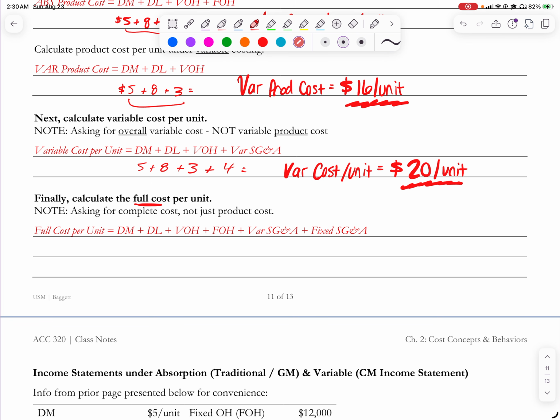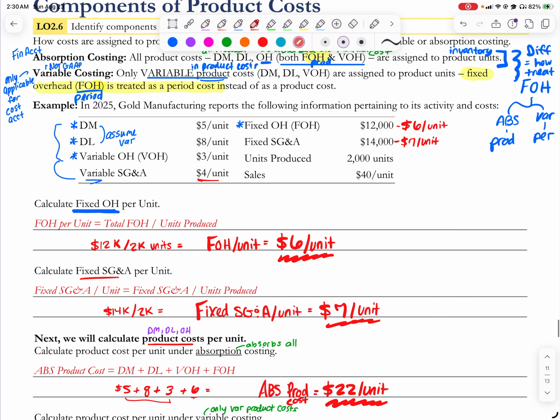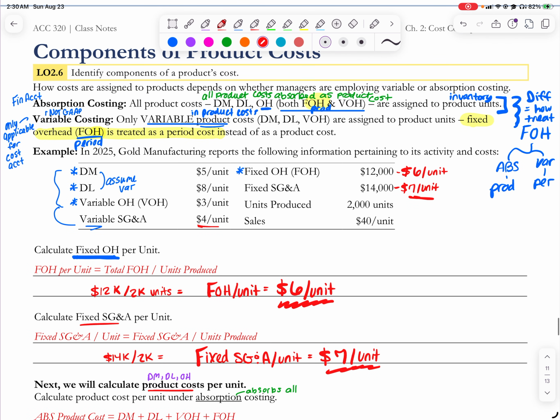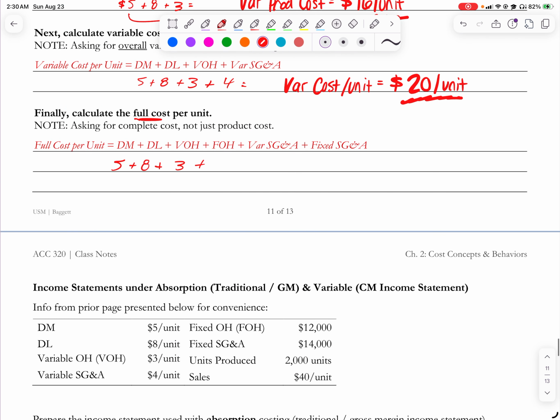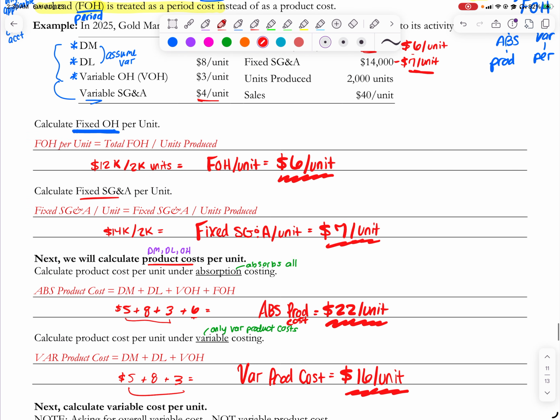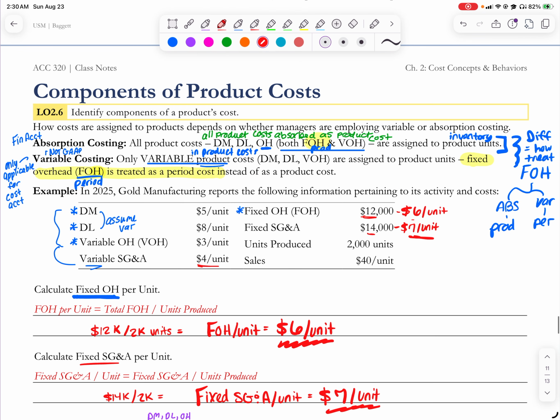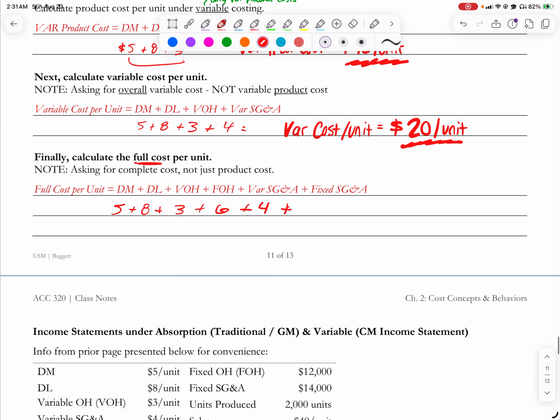Lastly, I want to calculate the full cost per unit. Not just product cost, we just want the complete cost per unit. So all of these, obviously sales is not a cost, we're going to exclude that. But the 5, 8, 3, fixed overhead of 6, plus variable SG&A of 4, and the fixed SG&A of 7.